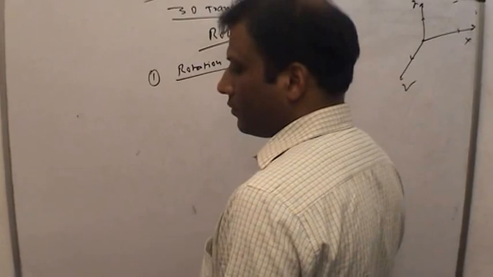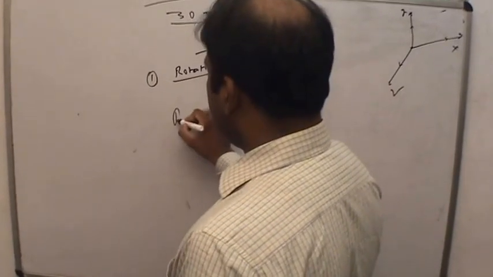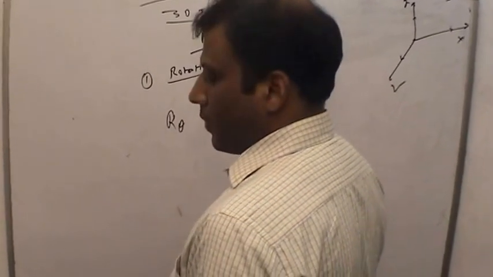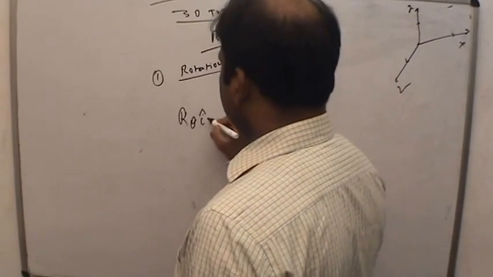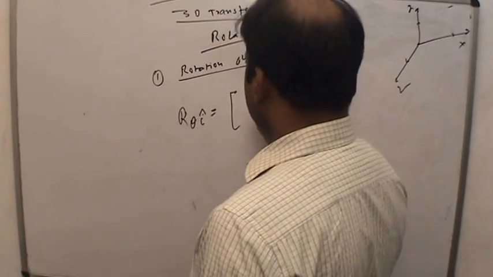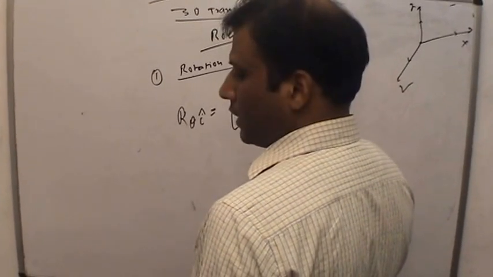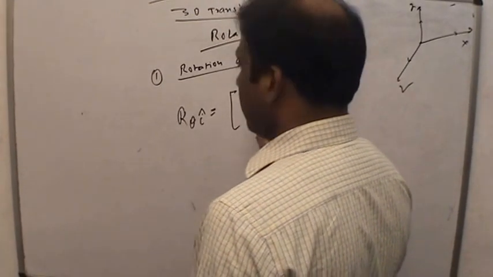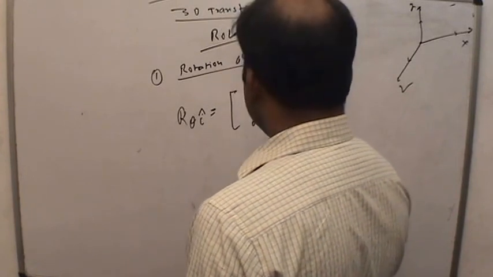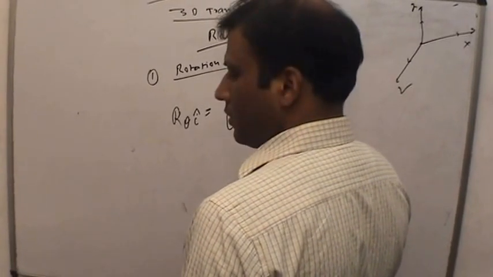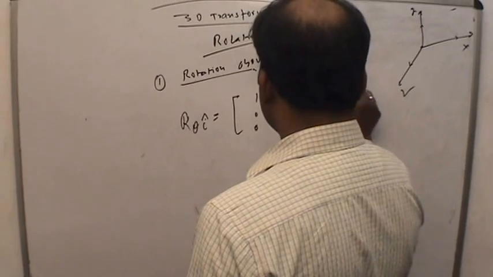Then we have the options like R theta is equal to 1 0 0, 0 cos theta sin theta, and 0 minus sin theta and cos theta.